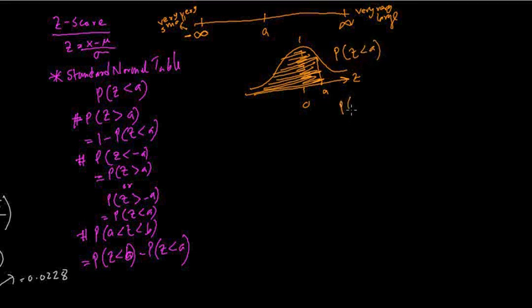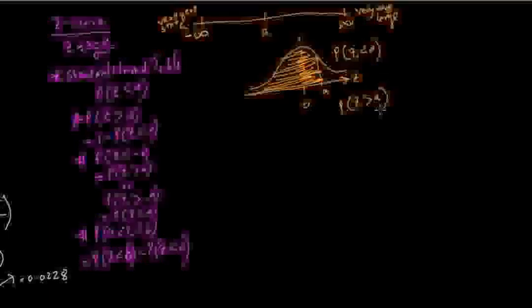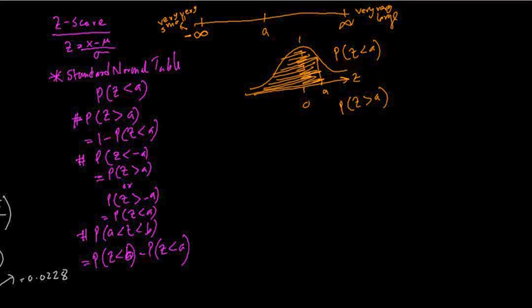When I say z is greater than a, then I'm actually talking about this region. This is greater than a, and this region is less than a. So they're symmetric.